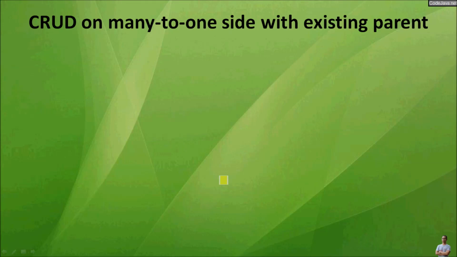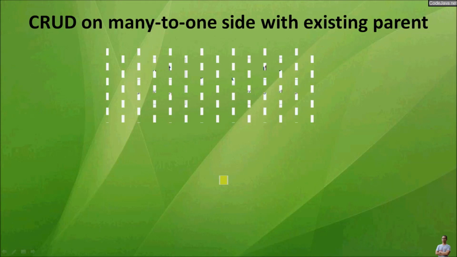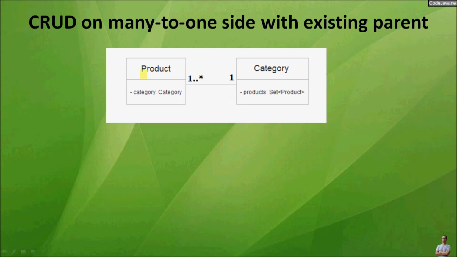Next, we are going to code the CRUD functions on many-to-one relationship between product and category. Category contains one or more products, and a product belongs to only one category.